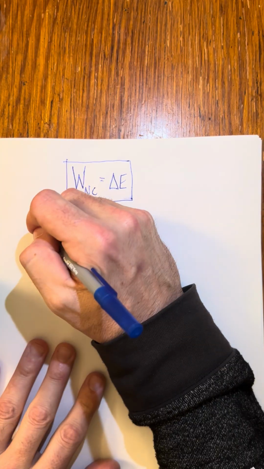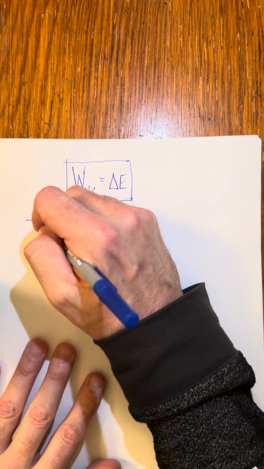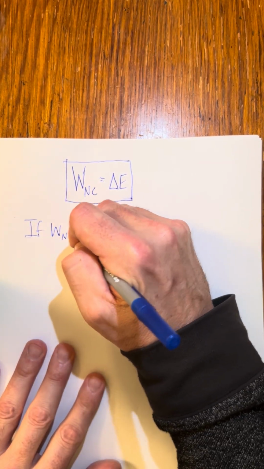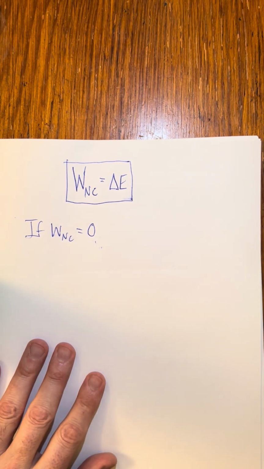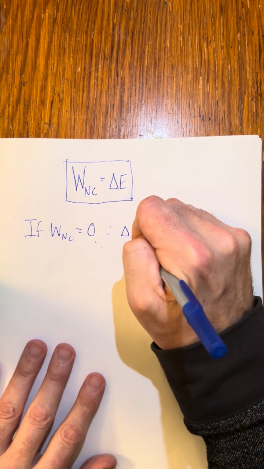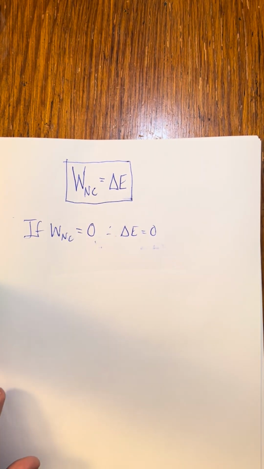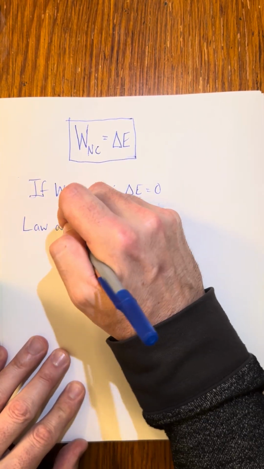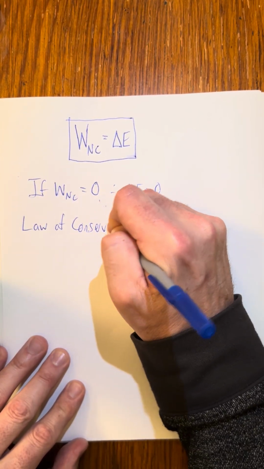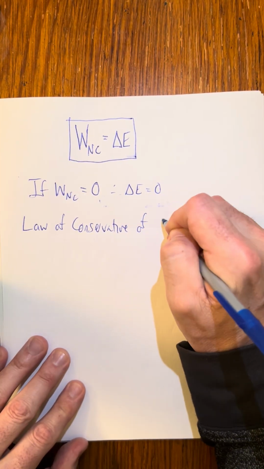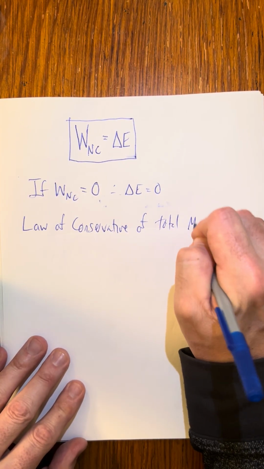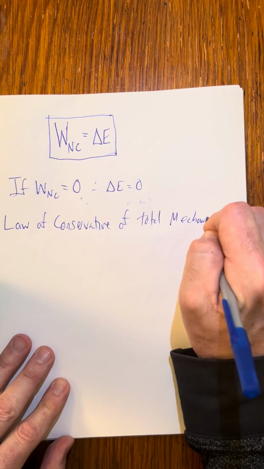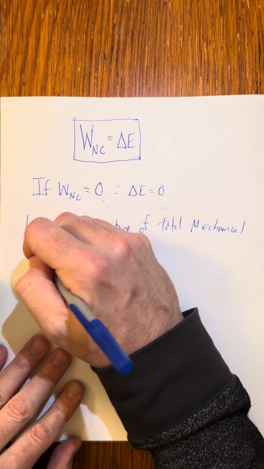But if the work done by non-conservative forces is equal to zero, therefore the total change in energy is zero. And therefore we can write a law. And this is the law of conservation of total mechanical energy.